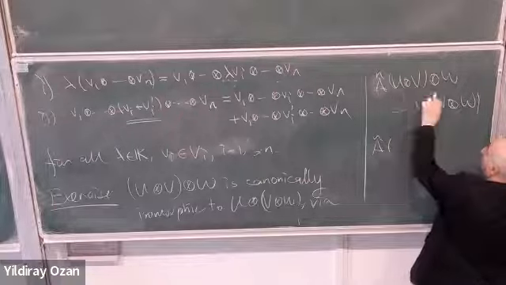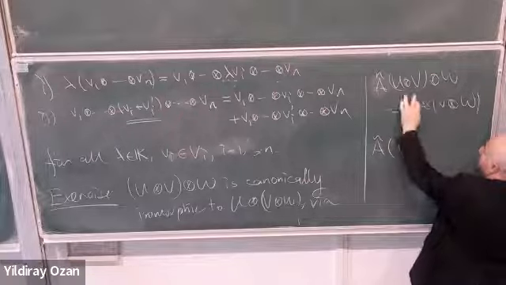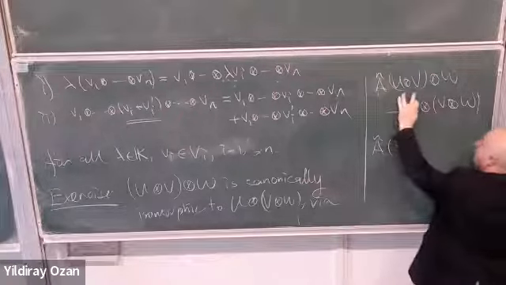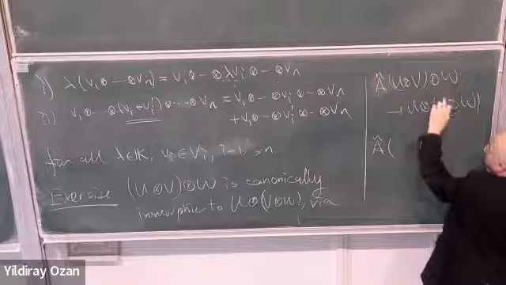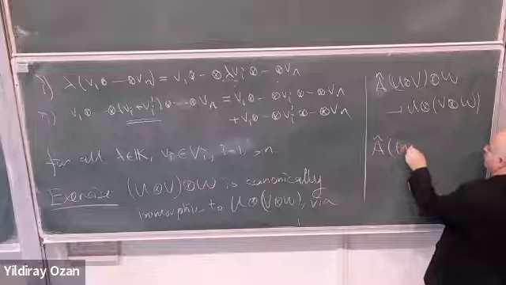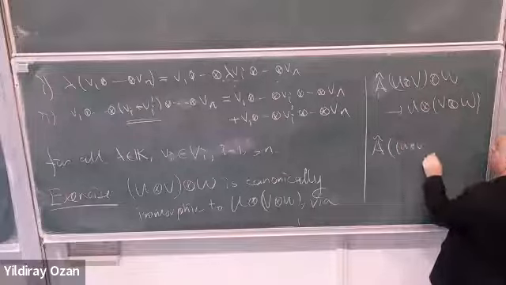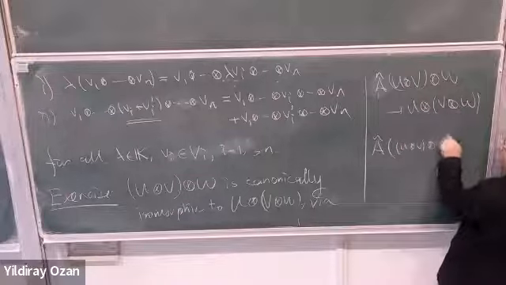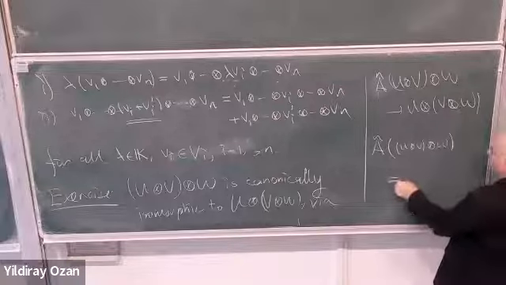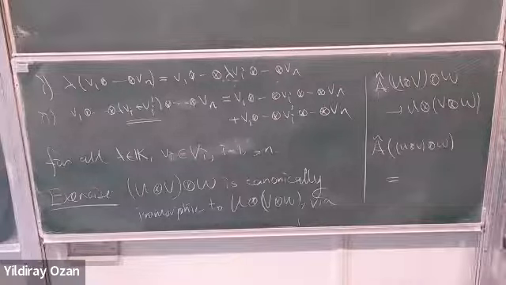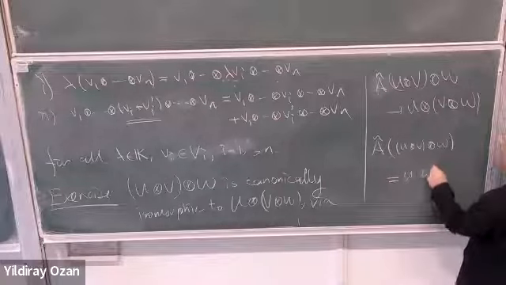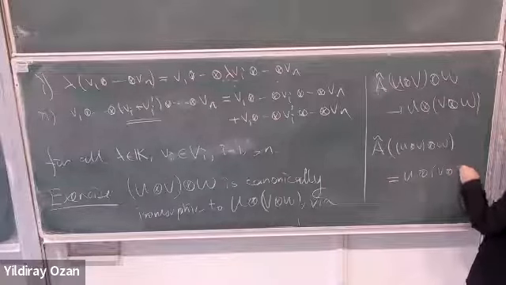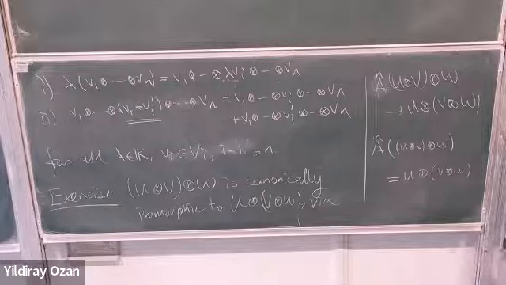How? A typical element of this is something like (u tensor v) tensor w. What should be the value of this? Well, I can just send it to u tensor v tensor w.